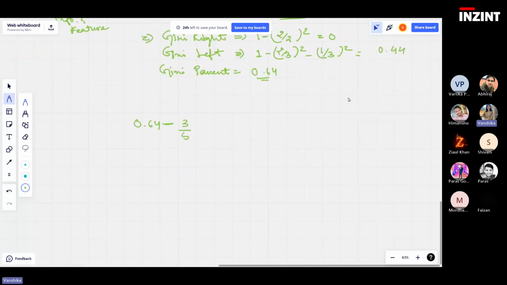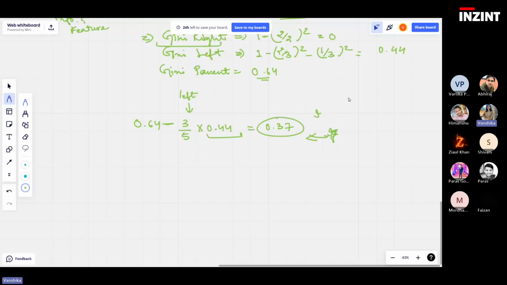So 3/5, this is the probability for the left tree, and this is what we got as the calculated Gini for the left tree. And for right, we got 0, so no need to mention that. If we calculate it, we'll get somewhat equal to 0.37. So this is the overall probability, and this is the probability of the left tree. For right, it is 0, so I'm not adding that in the formula. And this is the information gain.